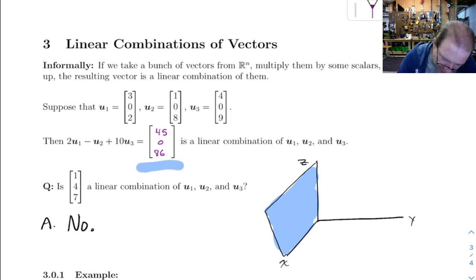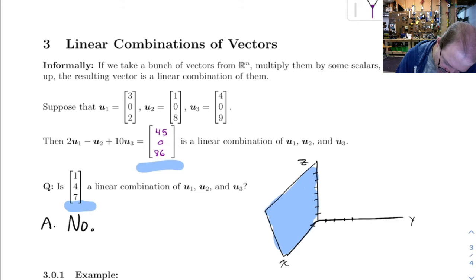And then this vector here, 147, if we were to plot that, its x-coordinate would be 1, its y-coordinate would be 4, and its z-coordinate would be 7. Now, the way I plot these is I go along each dimension.